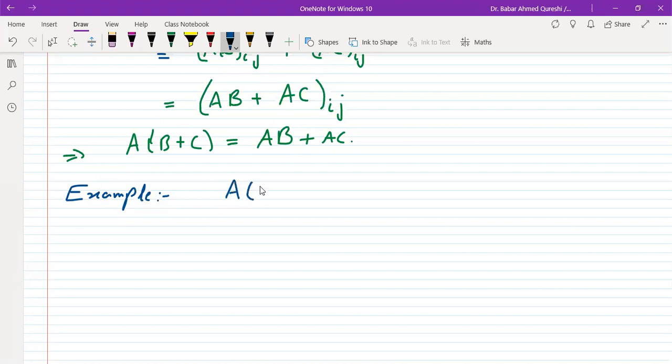The associative law, that you can freely move around these brackets.